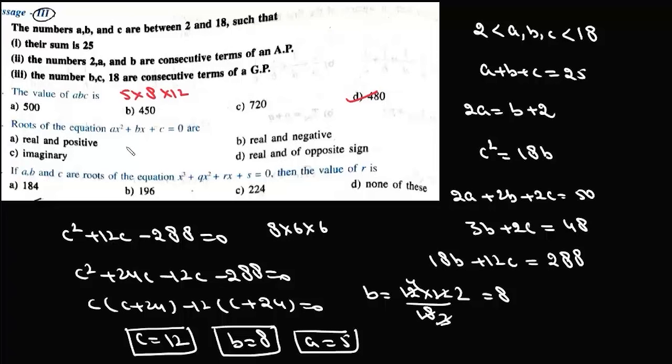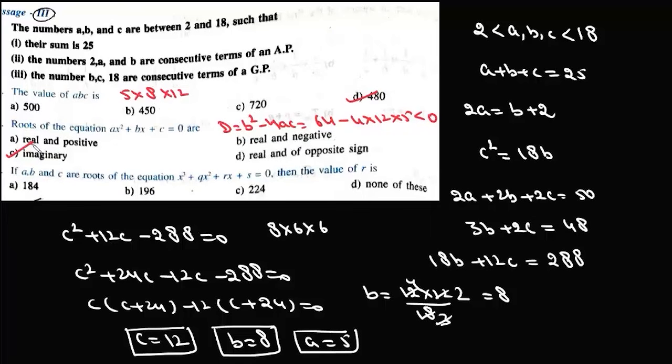Now the next question is, we need to discuss the nature of roots of this equation. For this, we'll calculate D, which is b square minus 4ac. Now b square is 64, minus 4ac, which is 4 into 12 into 5, minus 240, which is less than 0. So roots are imaginary.